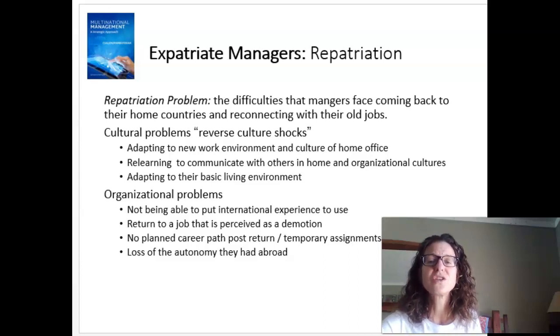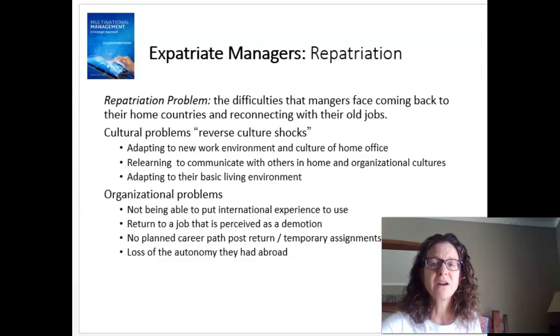But many organizations also categorize failure to retain an expatriate post-repatriation as failure, because if you are not able to retain that expatriate and find a position for him or her in-house, this individual is going to leave your company and most likely join a competitor in a similar industry or the same industry and share his or her globally minded new knowledge that you have paid for essentially and are allowing your competitors to benefit from.